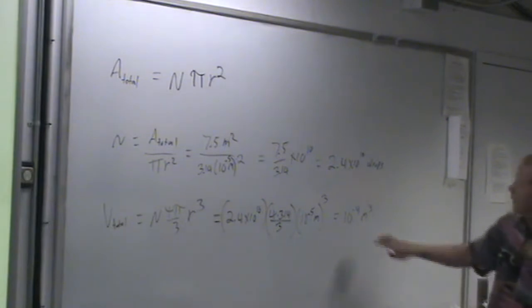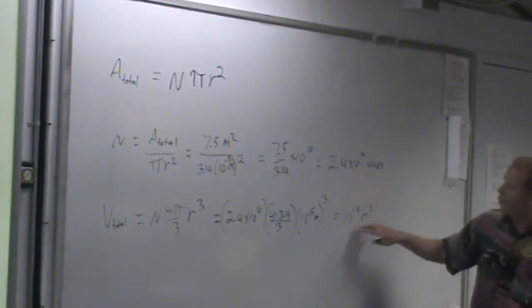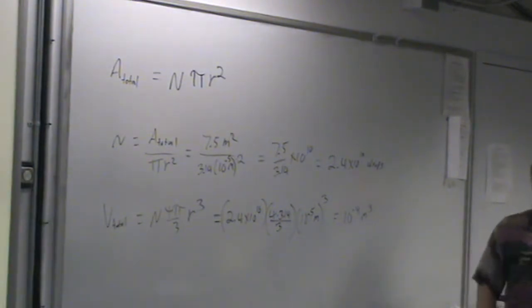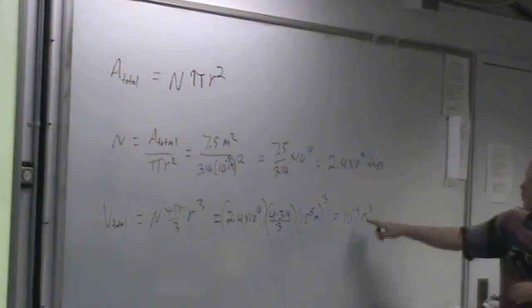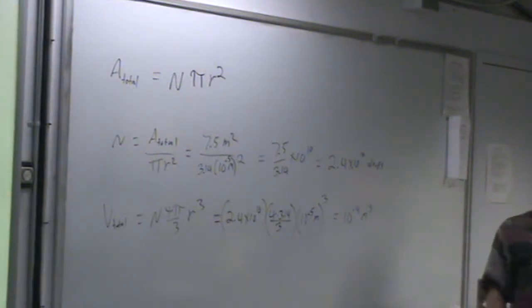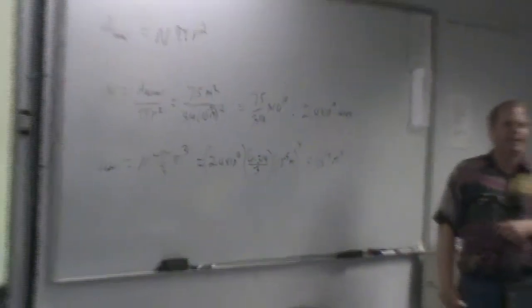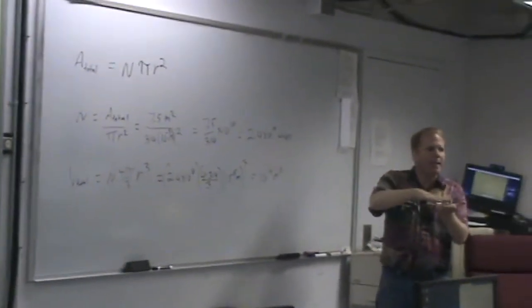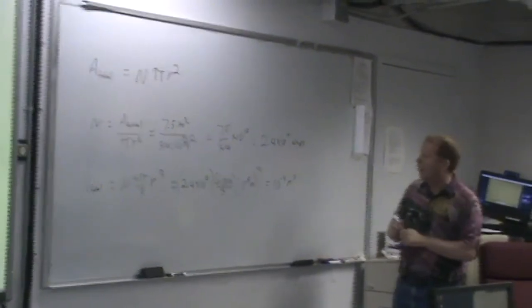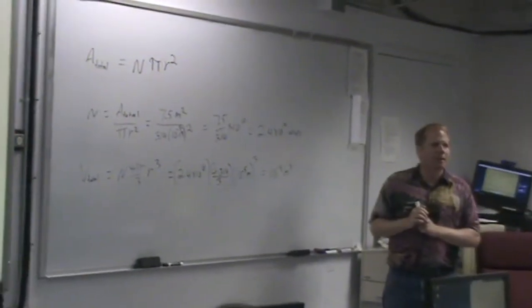Okay. So we can work out the total volume within that 1 meter square: 10 to the minus 4th cubic meters. And then if we collapse that down, you see how thick it would be. How do you figure out how thick that would be?